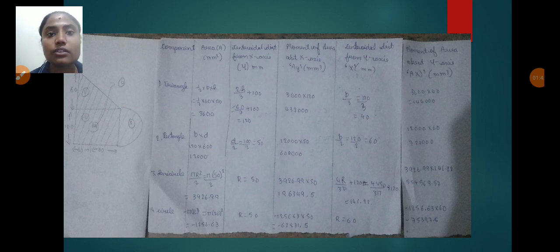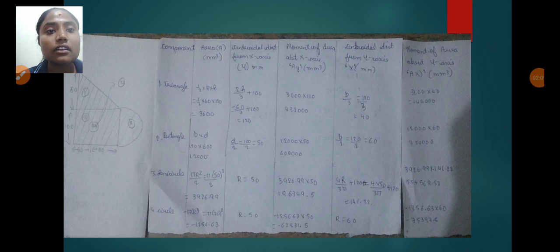Now let us try to solve. As I mentioned before, there are four components: triangle, rectangle, semicircle, circle. Let us solve this one by one. Take the components one by one. In this, at last, the circle, we will subtract this component. Why?